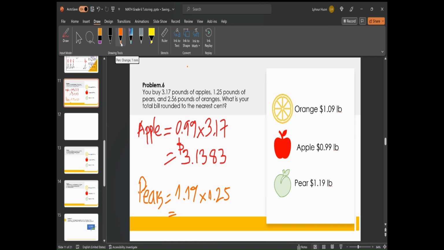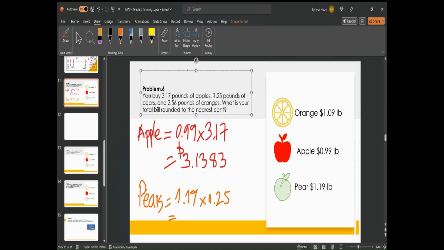Oh, this is 1.19 times 1.25. We don't have this. So 1.25, here, 1.25. This is 1.